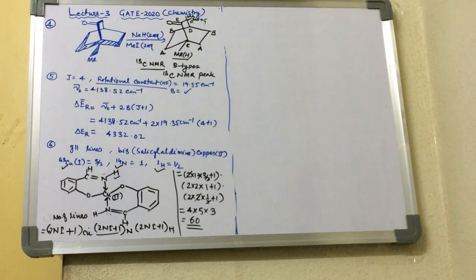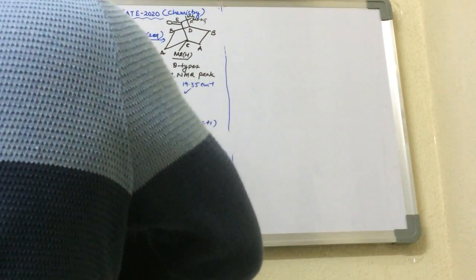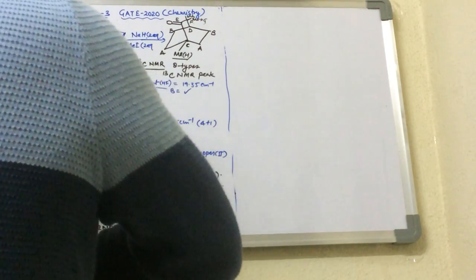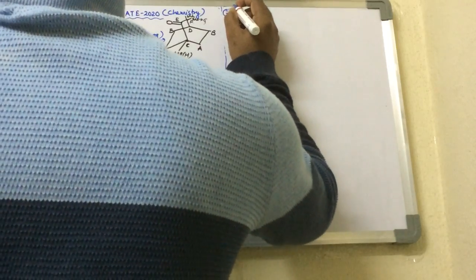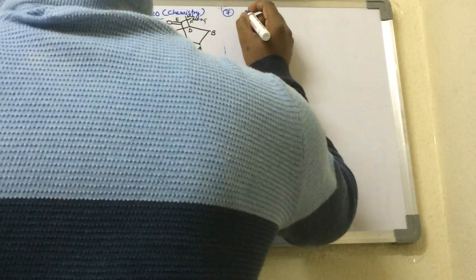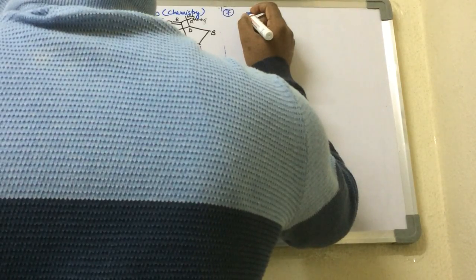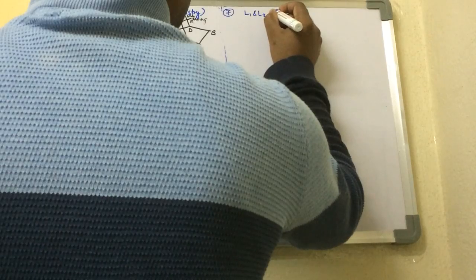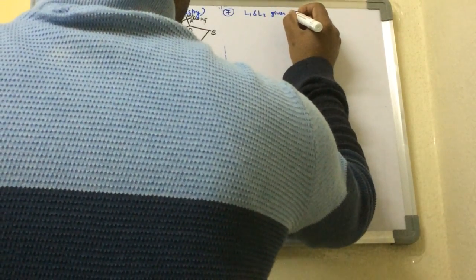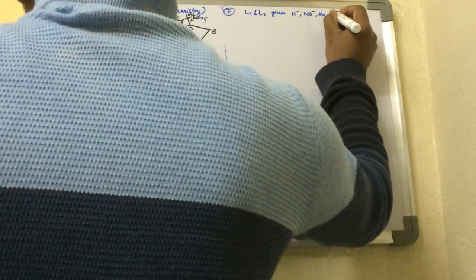Basically the ligands L1 and L2 values are given: H minus, NO minus, and this methyl, CH2 minus.